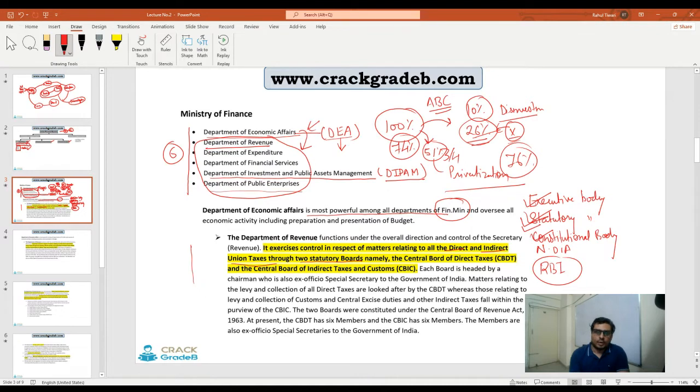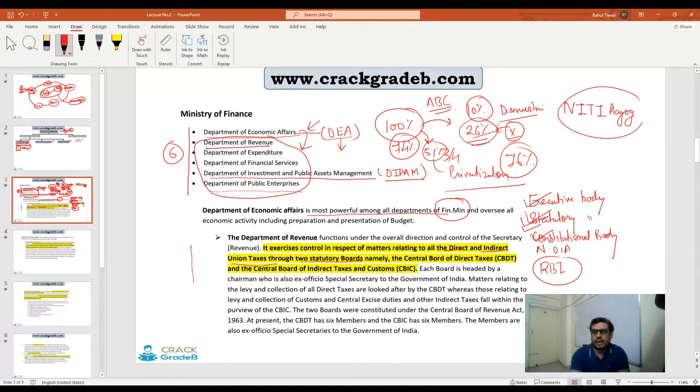right? Whereas if any organization is formed with an order of government, for example, when the present government came to power, they scrapped the planning commission and they formed Niti Ayog.